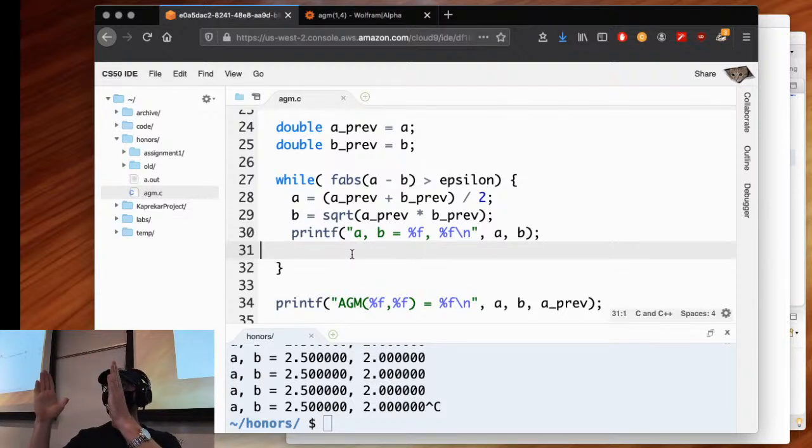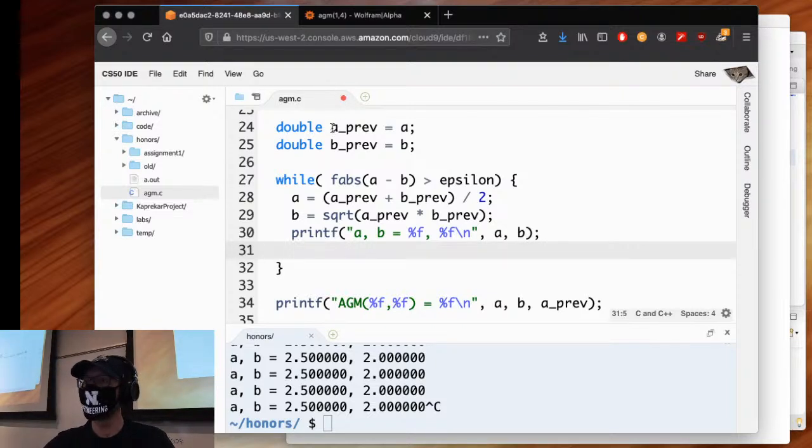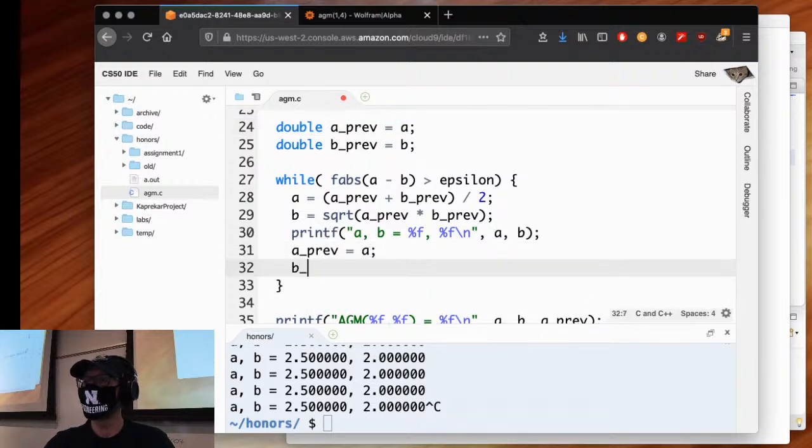We use those previous values to compute the current values. Now we need to shift. We need to store these off into the previous values so that on the next iteration, we can use those values to compute the next values. So, like we did up here, A previous is equal to A, and B previous is equal to B.